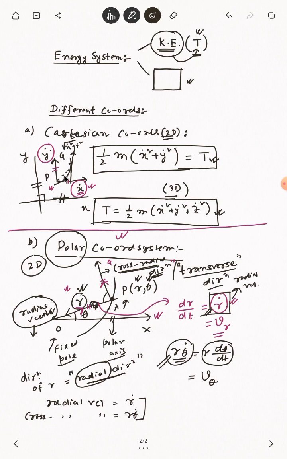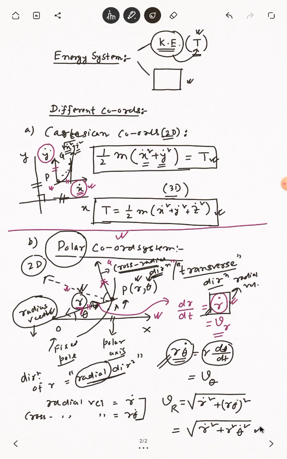Now, as in the Cartesian case the resultant of x dot and y dot was taken to be the ultimate velocity, here also the resultant will be in this direction. The resultant velocity V will be root over r dot square plus r theta dot whole square, very similar to x dot square plus y dot square, the same treatment. So it becomes ultimately root over r dot square plus r square theta dot square.